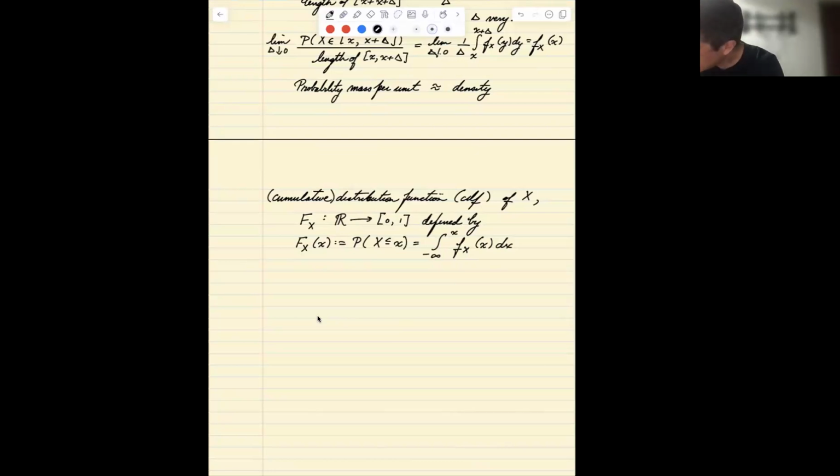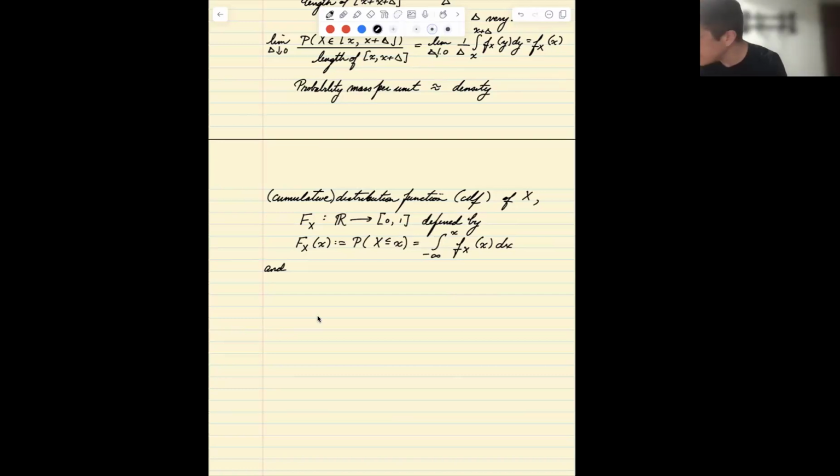We didn't actually use distribution functions much in the discrete case. We did see it a little bit in the geometric, and we did write it down in a few cases, but it was really of limited immediate use. It's much more useful in the continuous case, and we'll see that.